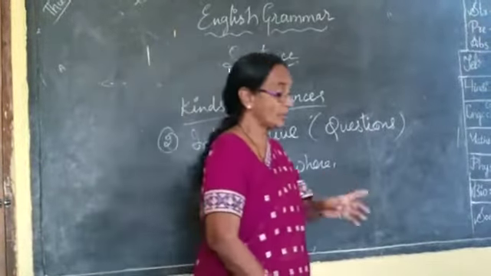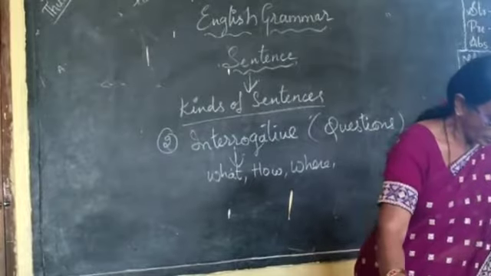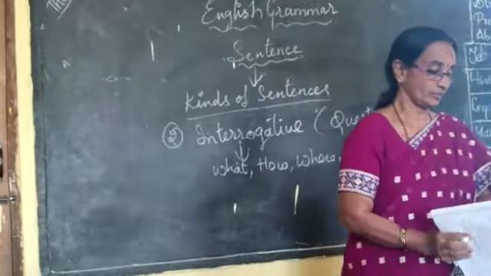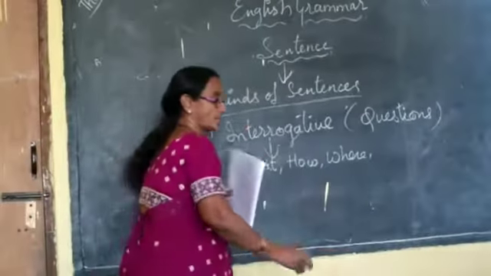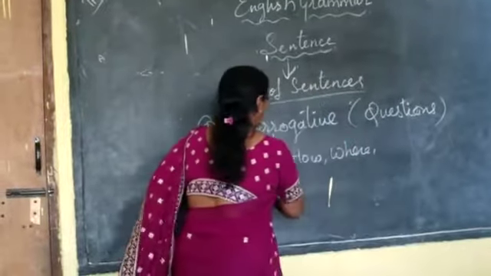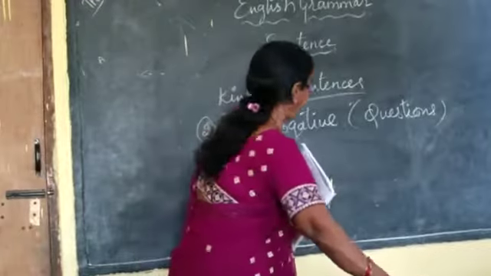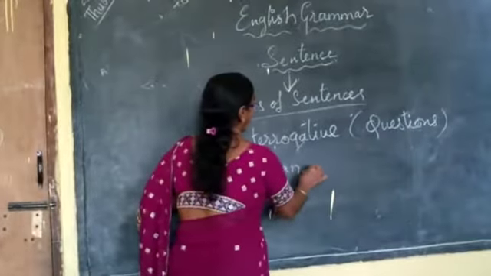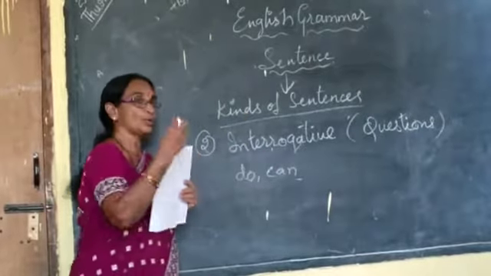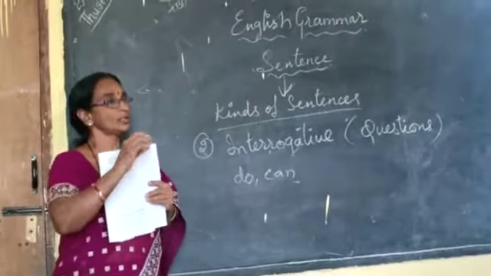One is with auxiliary verbs. Auxiliary verbs mean do, can. Okay, do, can. They are called auxiliary verbs. Do you like apples? That is also a question.